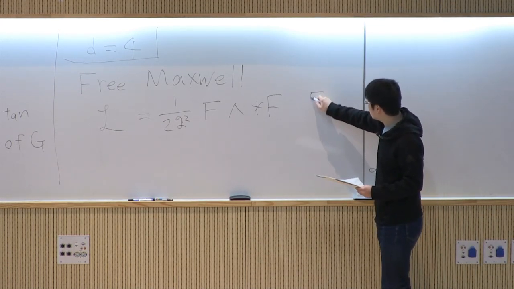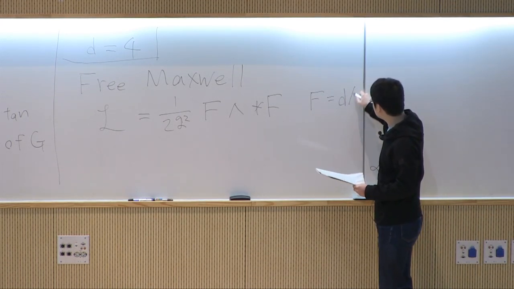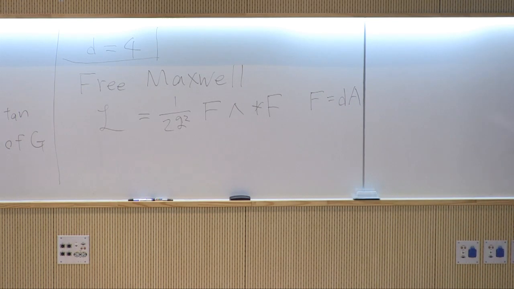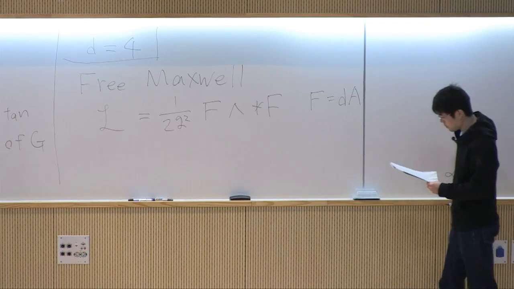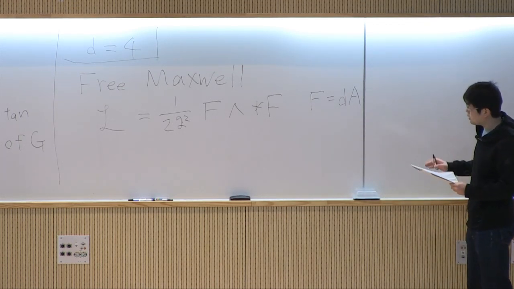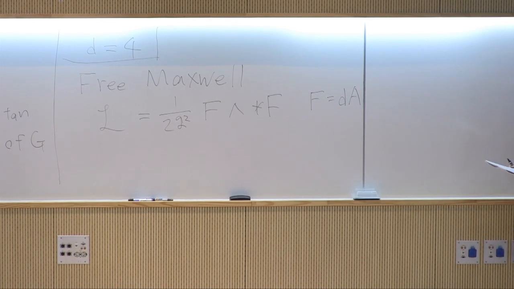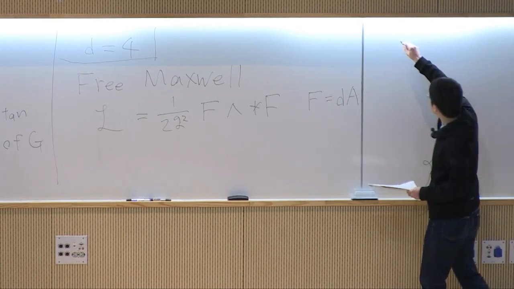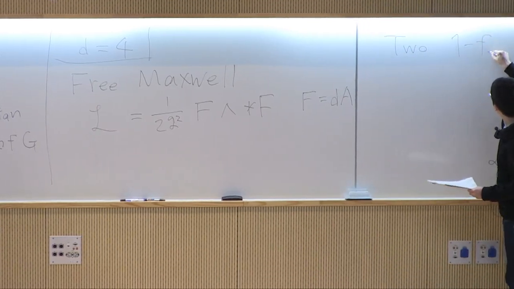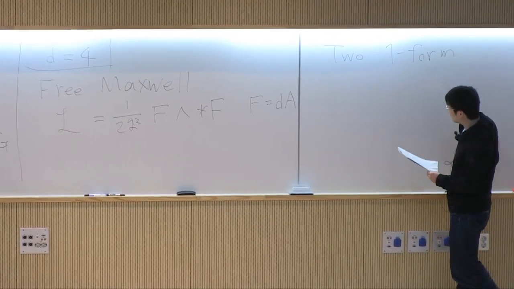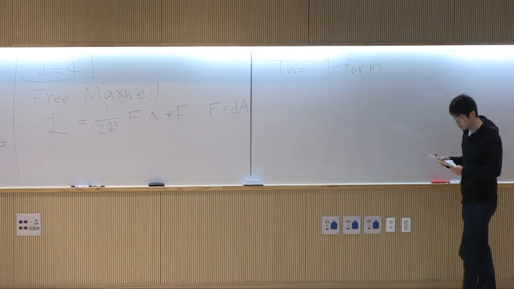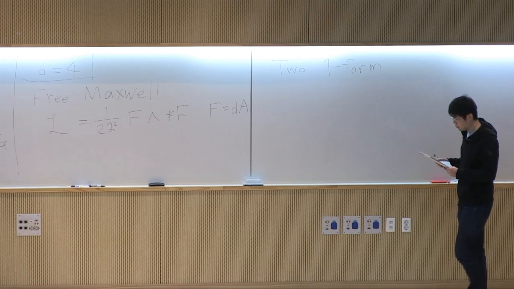Here F is just the field strength, the exterior derivative of the U(1) gauge field. Then in this system, there exist two one-form symmetries, and we can explicitly write down the conserved current in this free Maxwell theory.